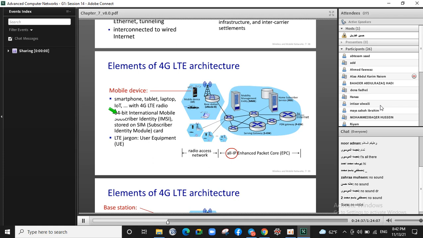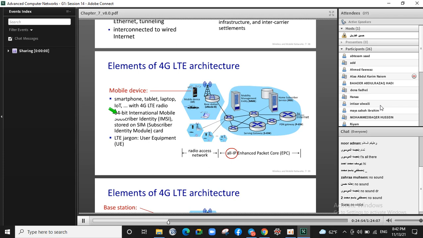Okay, and we use this ID to make it clear which device I'm using. This ID is unique.